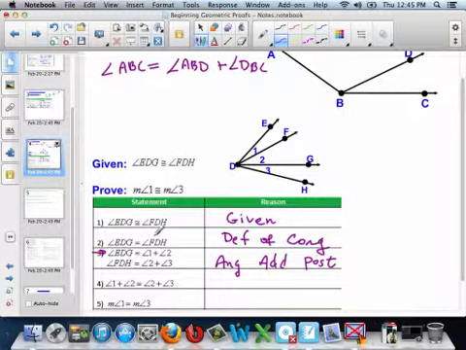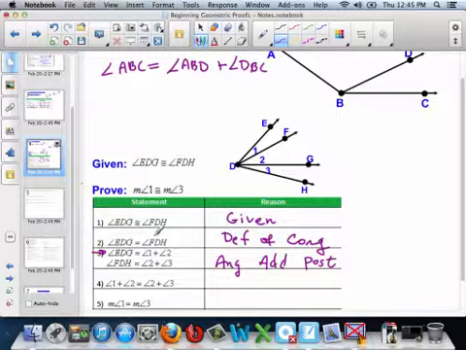Go ahead, Joey. Because the given is that angle EDG and angle FDH are congruent, which means that angle 2 is the same on both of them. Not necessarily. Wouldn't it be substitution? It is just substitution.